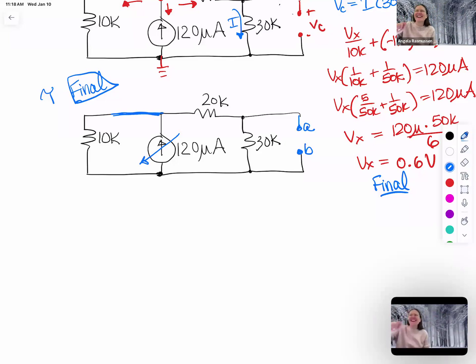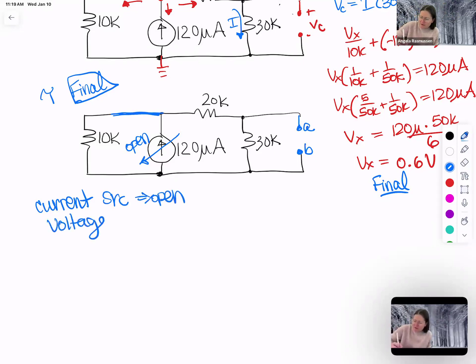You guys are right. You had a good thought, but you guys are right. So yes, it is open for a current source, and that's again a floating node. So it becomes a floating node, so the current is open. And then a voltage source at 0 becomes the wire, because you have no change across it. Okay, so remember those. So current source is an open, and a voltage source is a short.